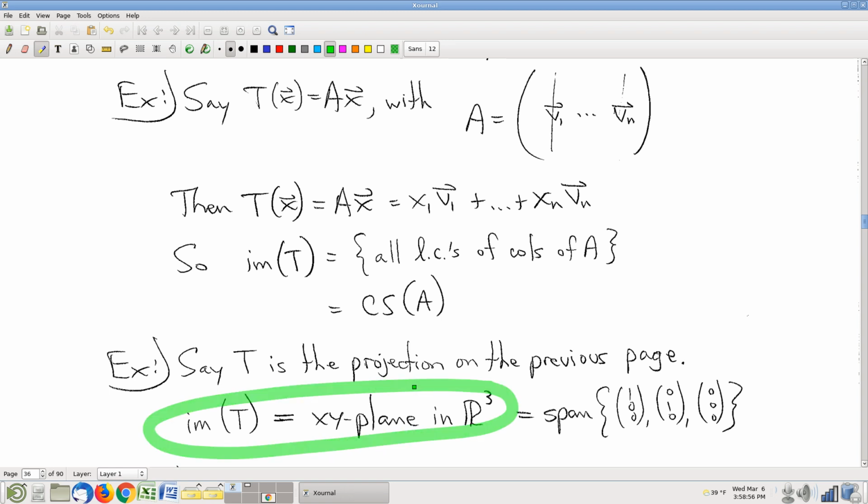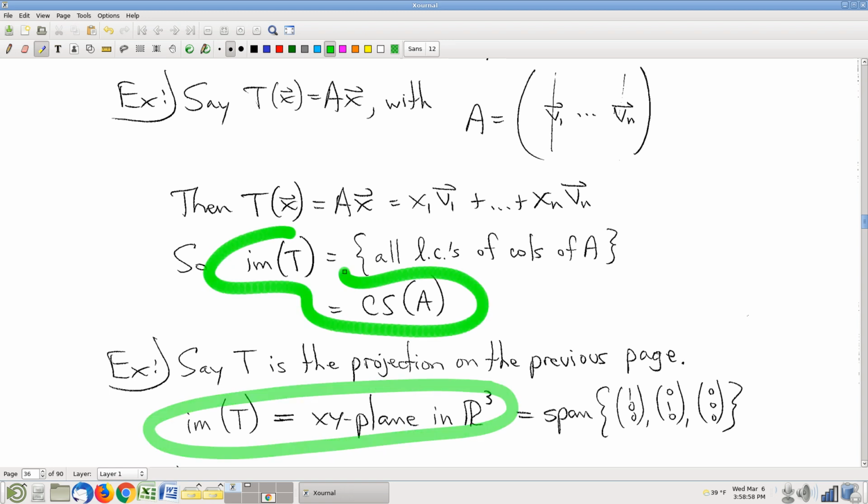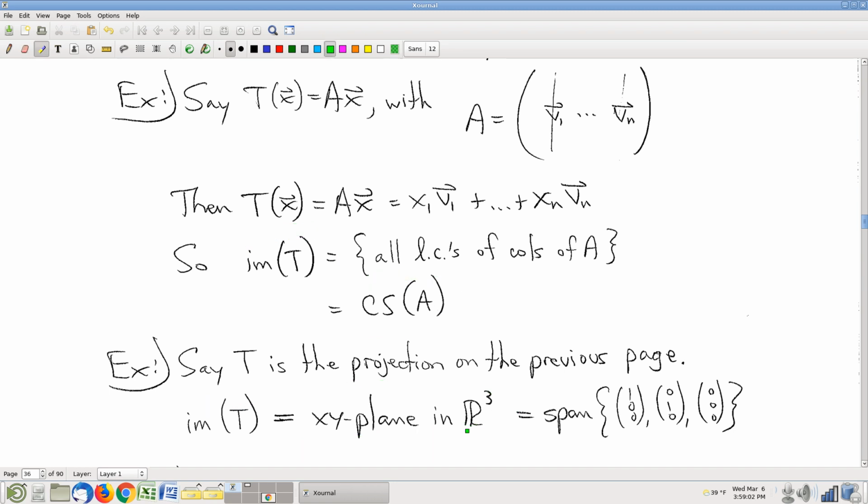And our previous result up here said that should be the column space. That should be the span of the column vectors. Well, here are my previous column vectors. Right, the matrix that we had from the previous page, the column vectors are (1, 0, 0), (0, 1, 0), (0, 0, 0). Notice that those two vectors, (1, 0, 0) and (0, 1, 0), span the xy plane, just like we talked about, right?